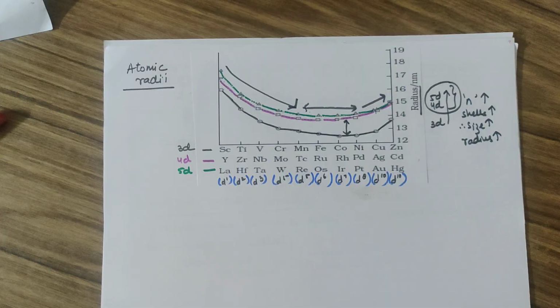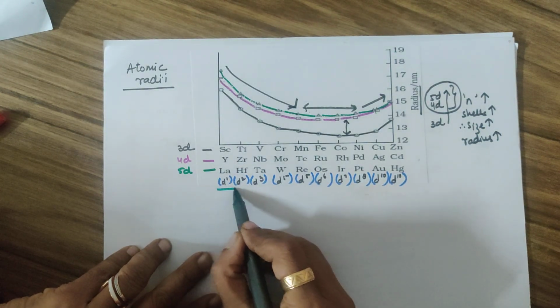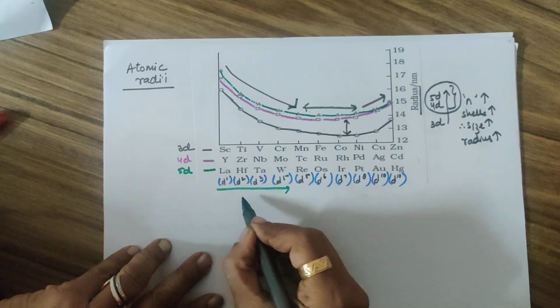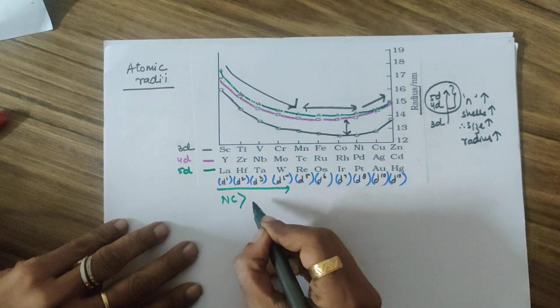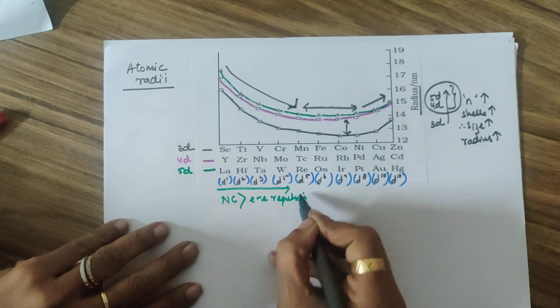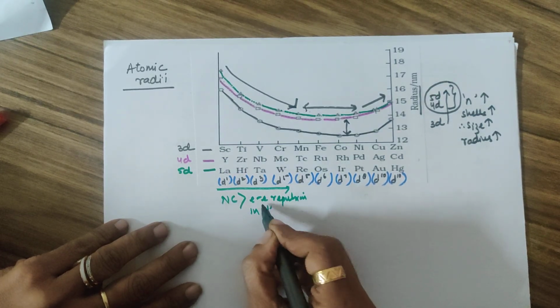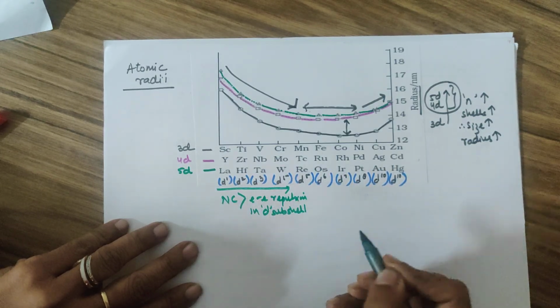The reason attributed is as you move from d1 to d5, your nuclear charge is more than the electron-electron repulsion of the d subshell. So if the attraction is more, the size decreases.